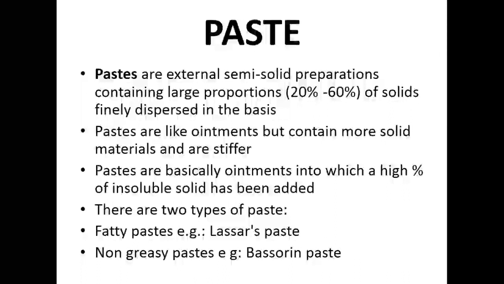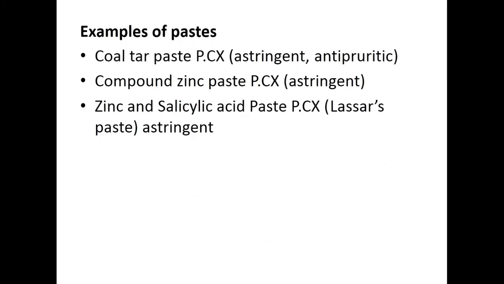Don't forget these types. Example of this paste, there is coal tar paste, pharmaceutical codex, that is used as astringent and antipyretic agent. And this astringent, tunajua the main function of astringent is contraction of the body tissue.